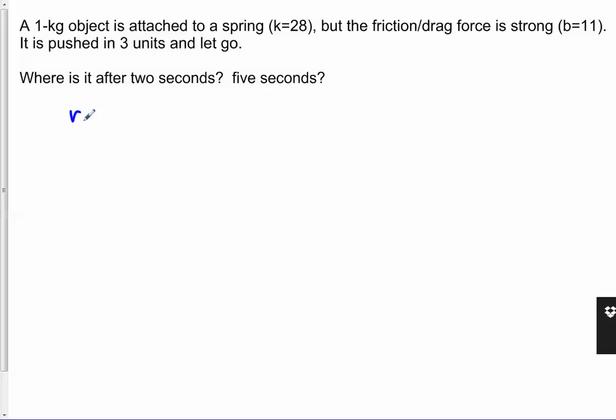Okay, so the second order differential equation for a mass on a spring looked like this. We have no forcing, so it is homogeneous.